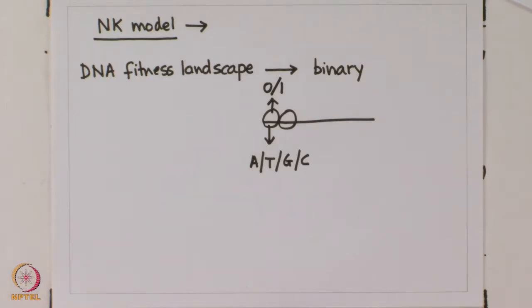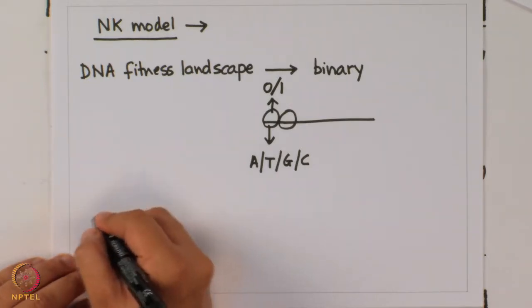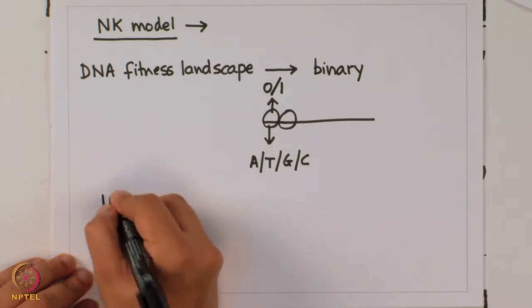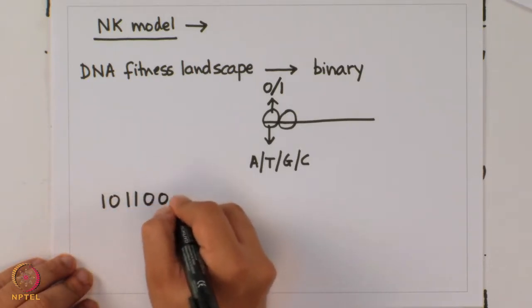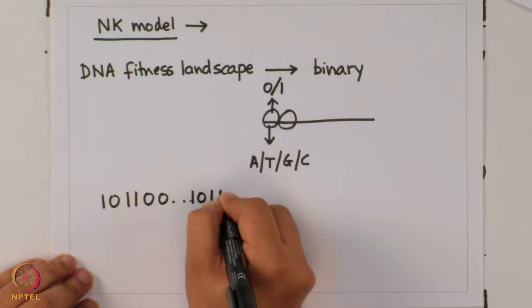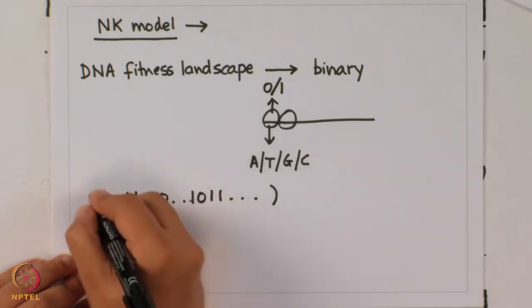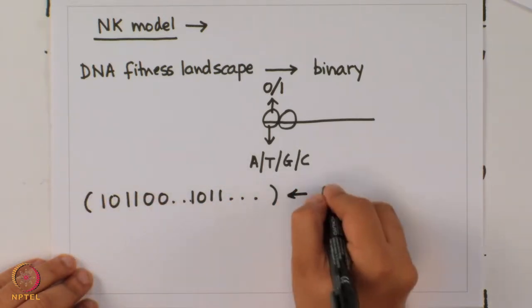So we are going to change the representation of DNA entirely and represent DNA as a binary string. So a DNA string, for instance, could be 10 11 00 10 11, anything. That's a DNA string in this model.